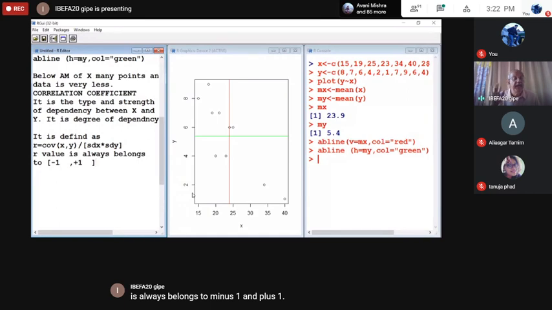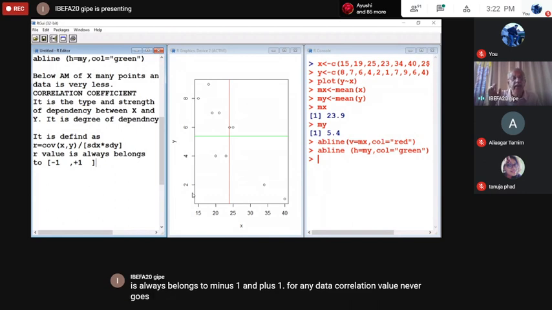For any data, correlation value never goes beyond this closed interval.